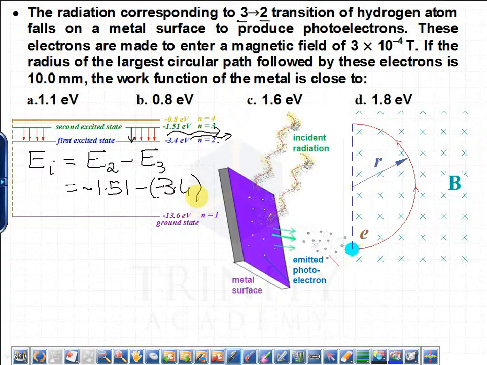So this comes out to be minus 1.51 plus 3.4, so it will be equal to 1.89 electron volt. Now this is the energy of the incident radiation. That is what we can see over here. This radiation will fall on the metal surface.